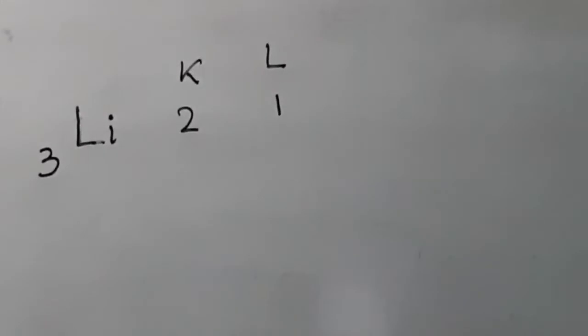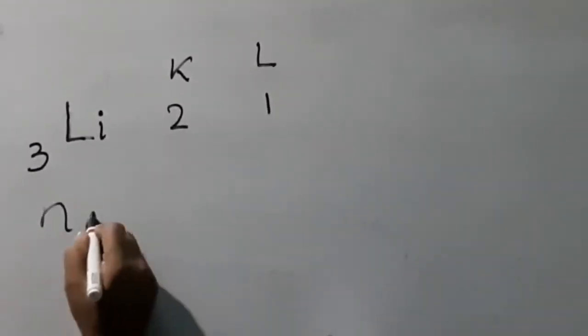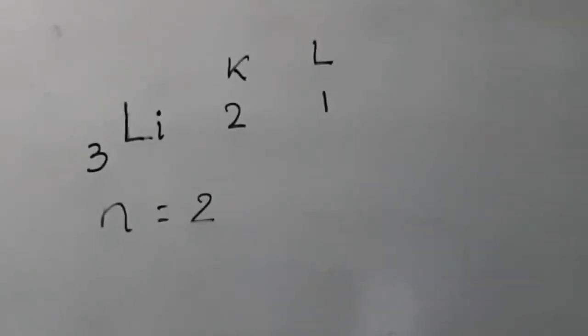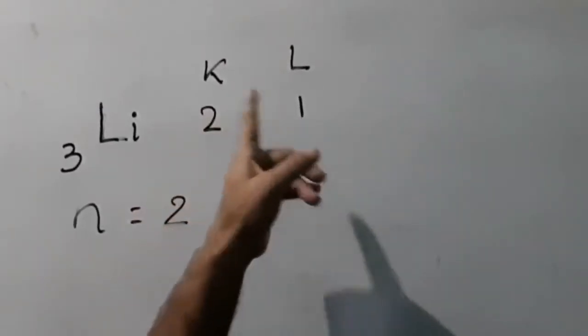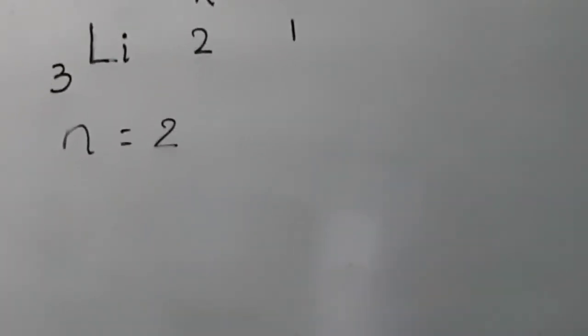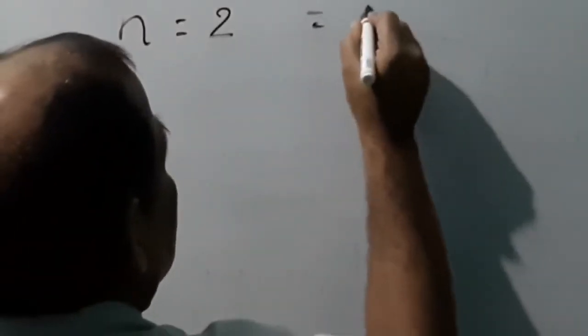The number of shells gives the number of the period. So it is the second period. Lithium belongs to the second period.